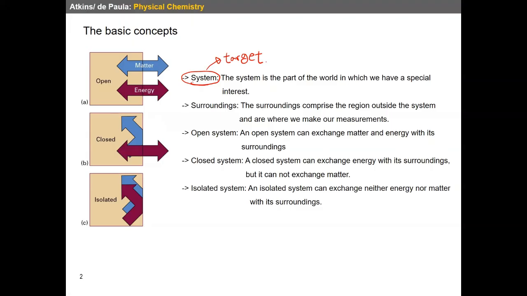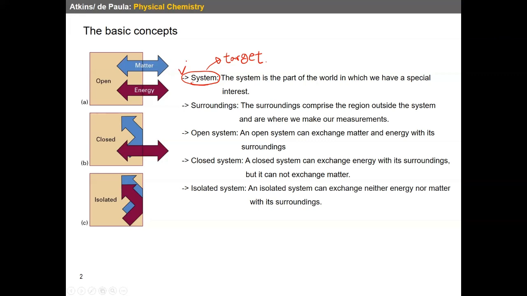Through the system, some kind of energy or matter will be exchanged between this system and the surroundings, and we want to know how that kind of exchange occurs for the system. So the focus of some kind of research is concentrated, called the system. Again, the system is the part of the world in which we have special interest.